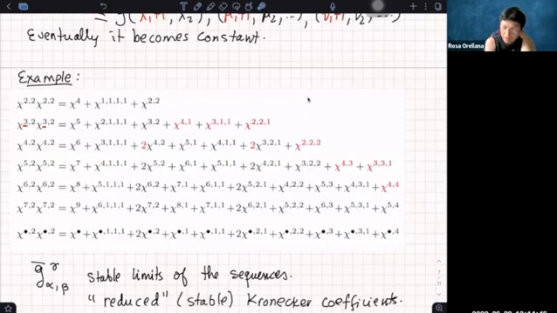So there are global bounds, and there are also local bounds. The local bound would be for a particular one. So for instance, this one for 2 stabilizes at this point, and then after that it is stable.